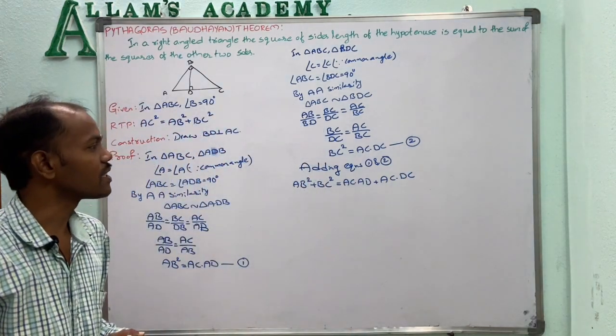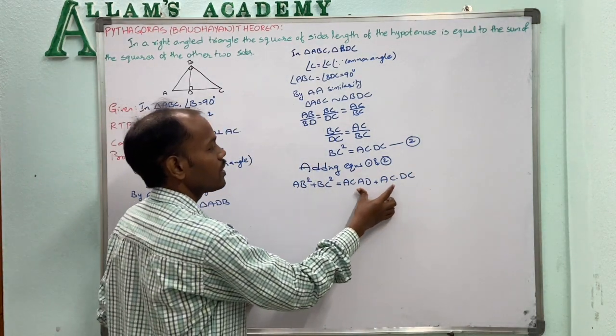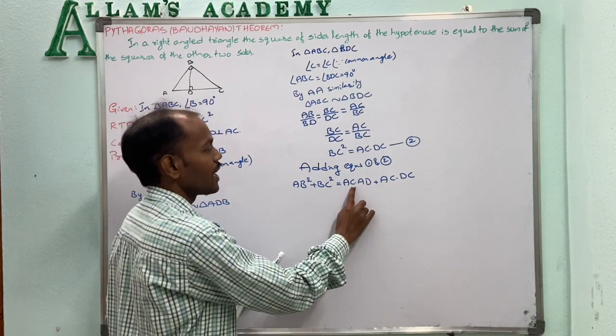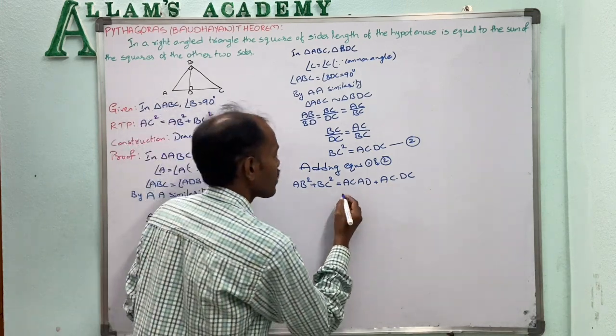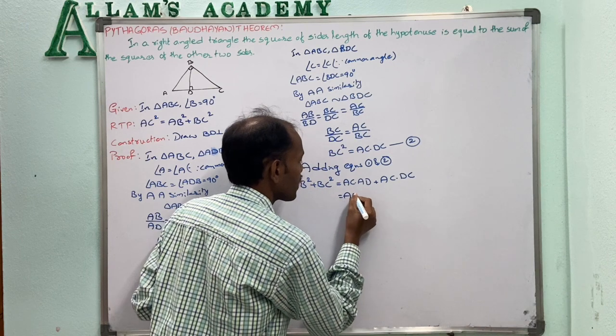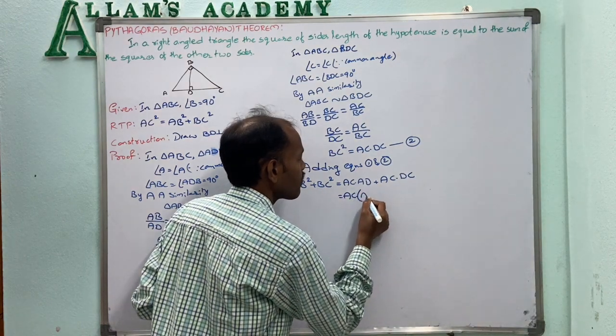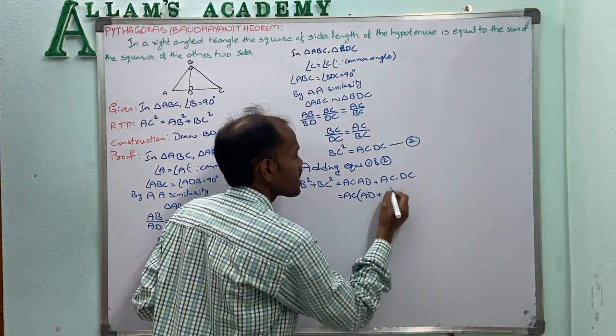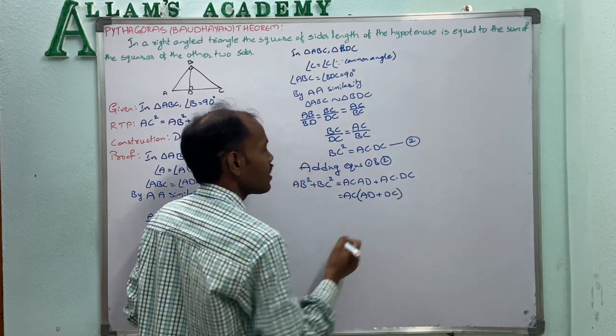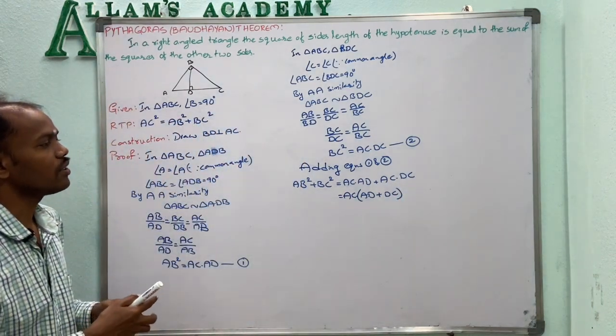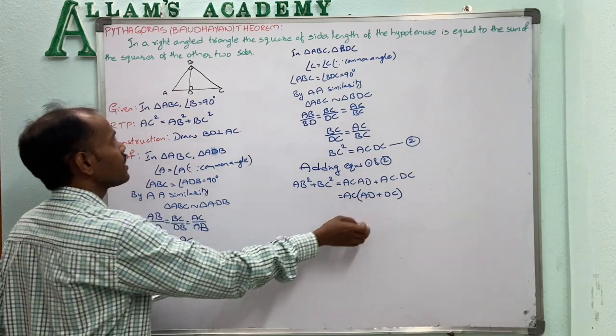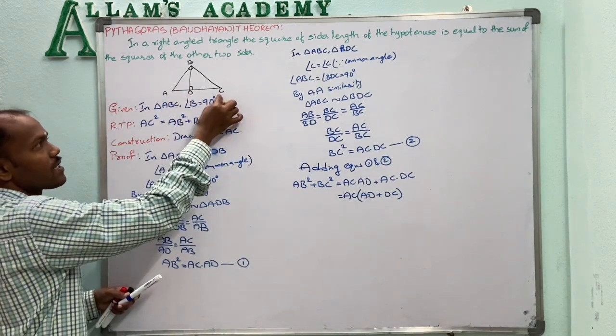Now here AC is the common factor. Taking AC common, the remaining terms are AD and DC. So AC into the sum of the sides, AD plus DC.